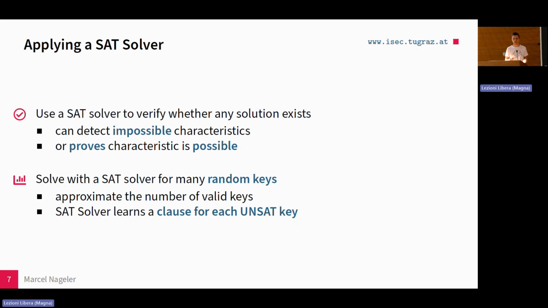This is a clause over the key that tells you an extra piece of information, a necessary condition that you need for the characteristic to work. So this is one way where you can properly learn conditions on the key. Essentially, for each unsatisfiable key, you get a clause, which is very nice.